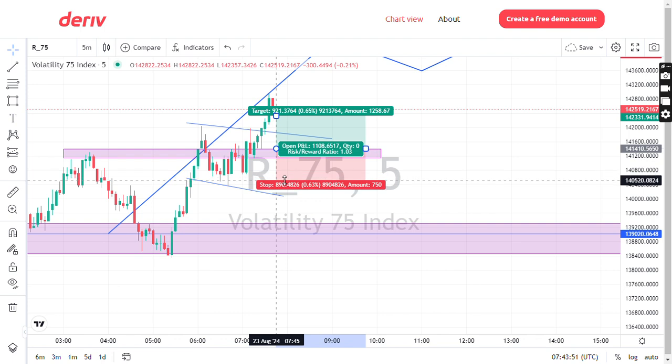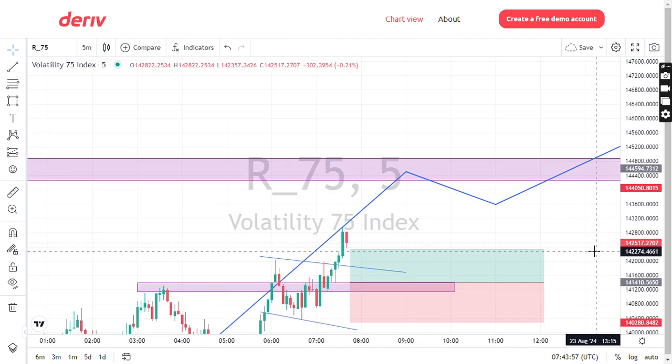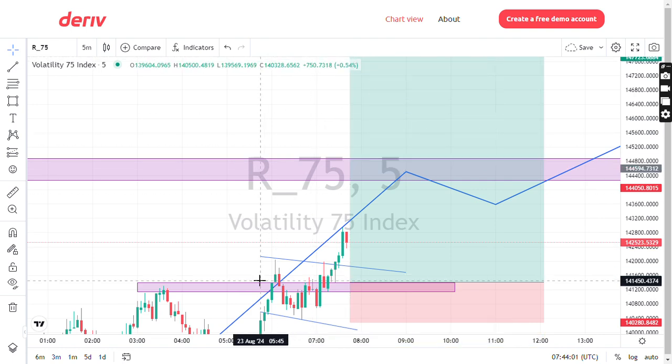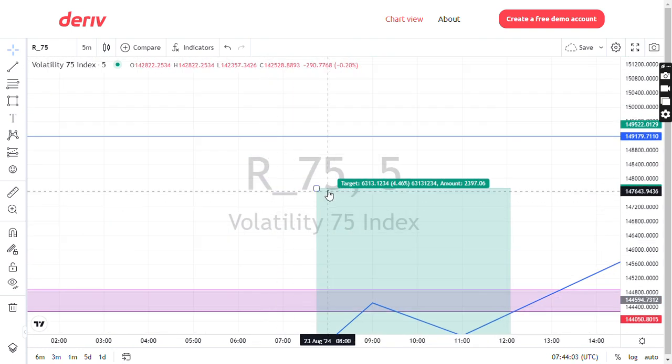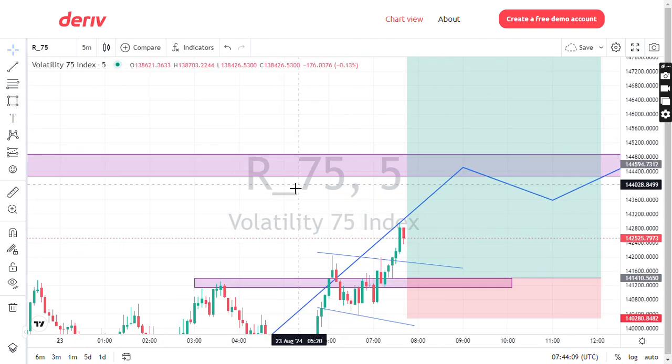SL even below this low. First TP here, second TP, overall high. Okay, not overall high, but like, you get what I'm trying to say.